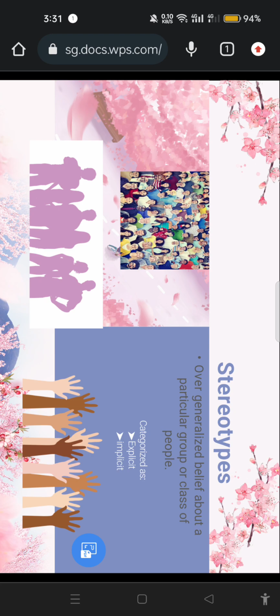So to clarify, explicit stereotype is that a person can choose not to turn their stereotype into actions, while implicit stereotype is when a person is not aware or in control of it and they may manifest it into an action or behavior.